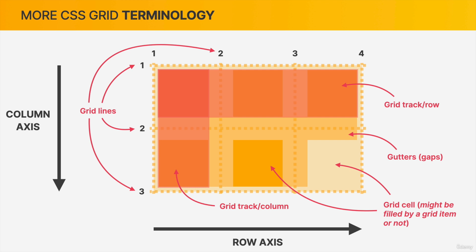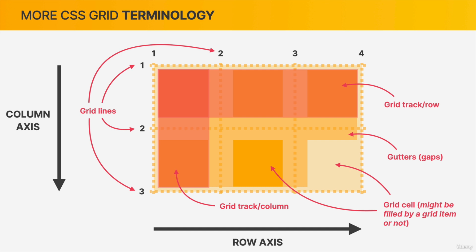And we call these tracks because these concepts are a bit more about the space itself and not about the grid items. So a little bit like a grid cell, right? So remember, a grid cell might be filled by a grid item or not, but what matters is that there is some theoretical space. And the same applies to the grid track.